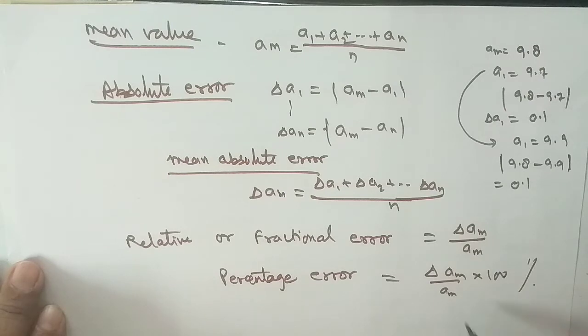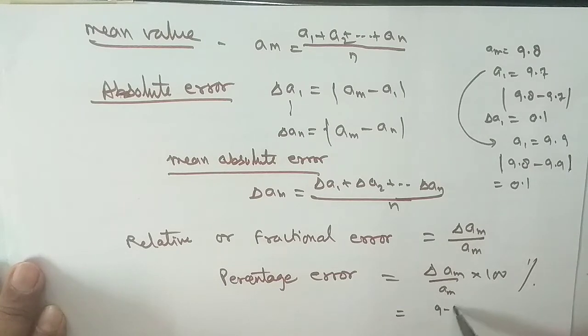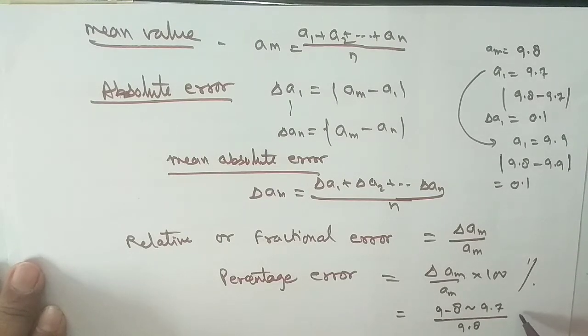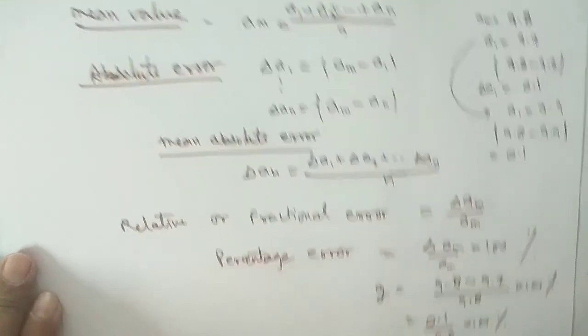Suppose the experimental value of acceleration due to gravity is 9.7 and the standard value is 9.8. So the difference, 0.1, upon 9.8, into 100, is the percentage error in the measurement of small g.